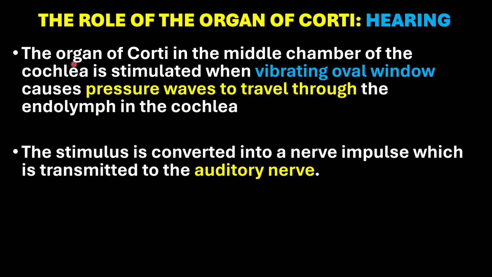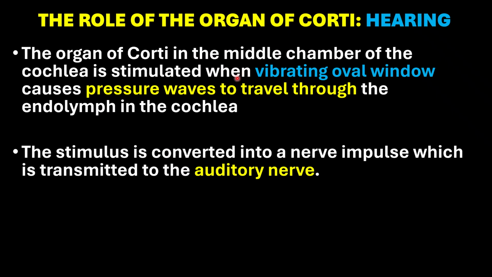So here we are. The organ of Corti is in the middle chamber of the cochlea. When the organ of Corti in the middle chamber of the cochlea is stimulated, it comes alive.